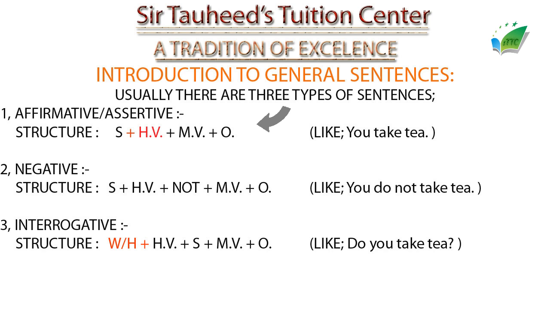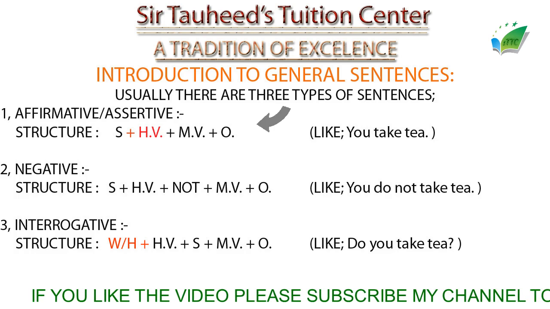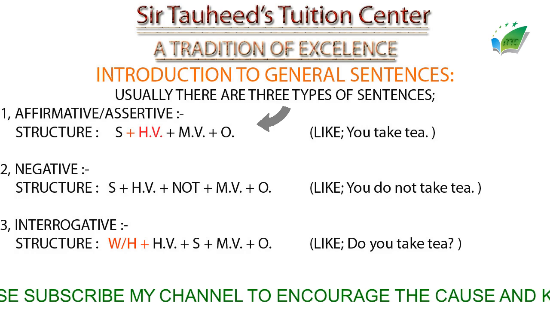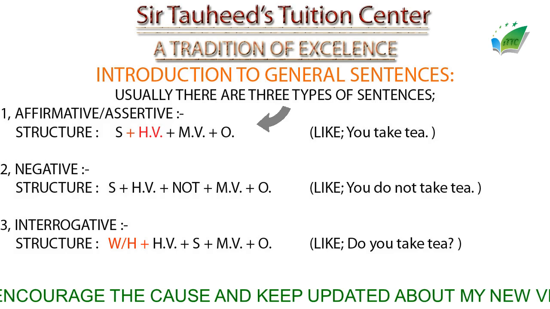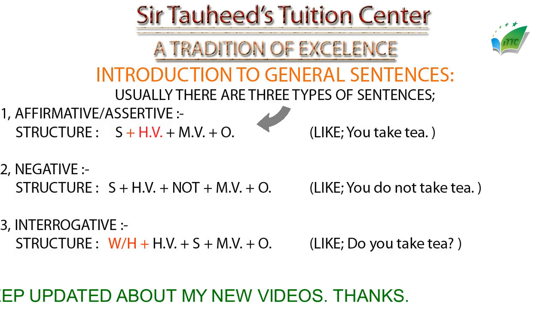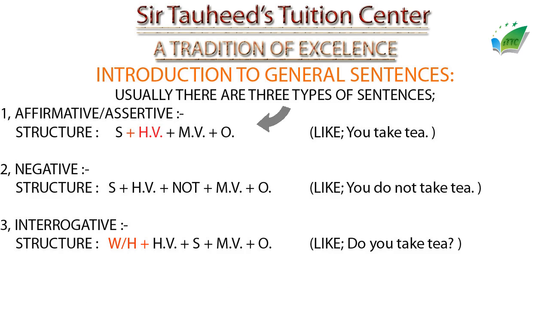Here helping verb is optional because there are a few tenses in which no helping verb is used, such as present indefinite tense and past indefinite tense. If you know them, there is no helping verb in the affirmative sentence, but all other tenses have their helping verbs. So if the tense has a helping verb, then we use it, otherwise we do not use it.